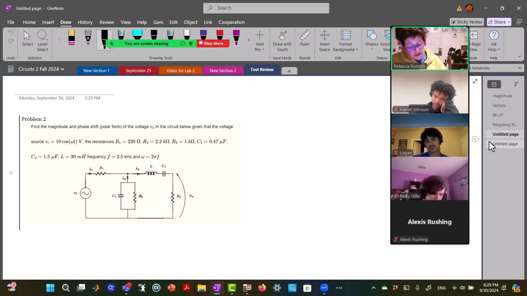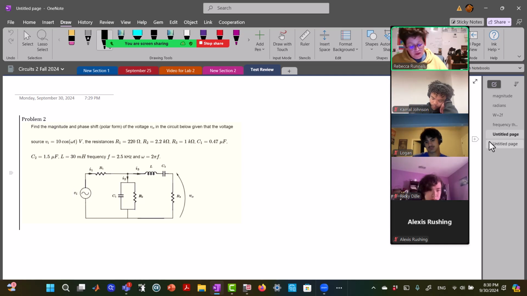We've got a capacitor that's 0.47 microfarads, another capacitor that's 1.5 microfarads, and an inductor. The frequency is 2.5 kilohertz, and that means the angular frequency is 2 pi times the frequency.